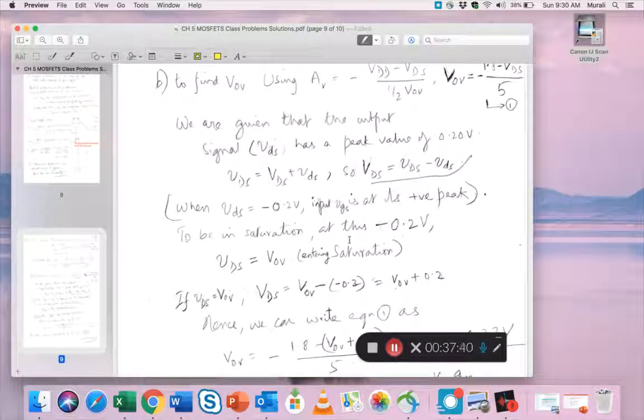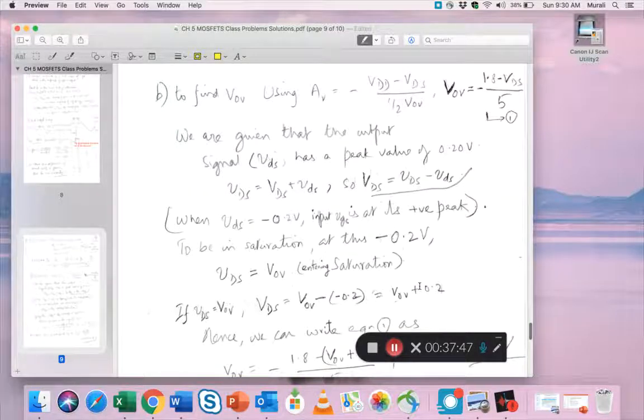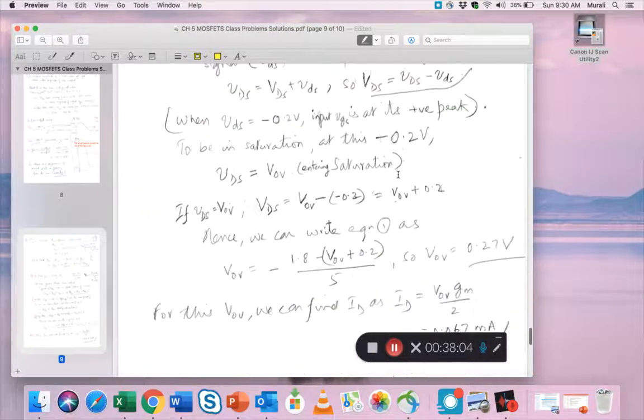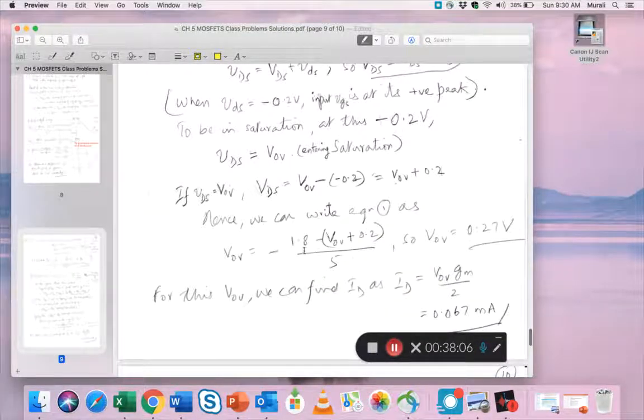Okay, so follow this logic. It's simple, I think, easy enough to understand. So we have created two equations with VOV, right? One is this and one is this. So what I will do is, I will take this equation for VDS and plug it in here. Then we can write V overdrive is 1.8 minus this by 5, and you come up with V overdrive equals 0.27 volts.